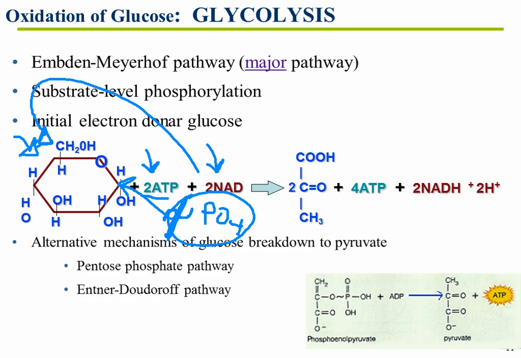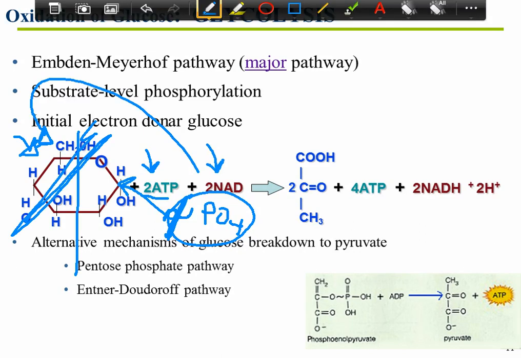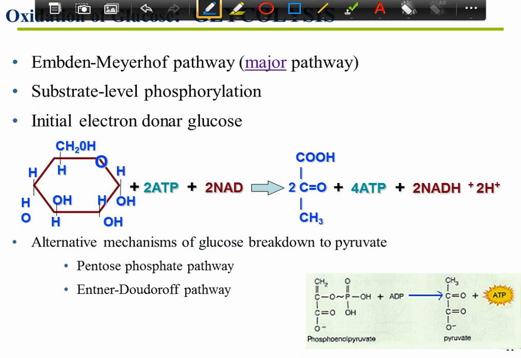The next thing we're going to do is we're going to split that molecule into 2, making a 3-carbon molecule. Glucose has got 6 carbons, and actually I should have split it that way. No, I'm not a very good drawer, am I? Okay, so I'm going to use a dotted line, I think. There we go. I'm going to split it that way, and we end up with 2 3-carbon molecules.